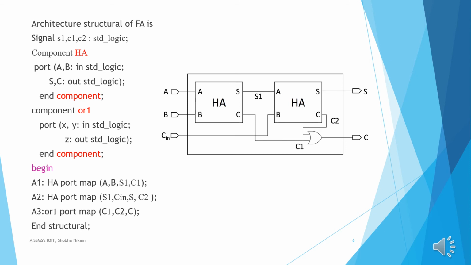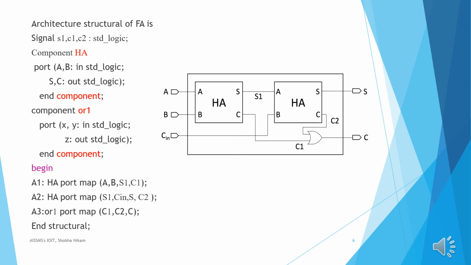Then the second component is OR. Here, see, OR is a keyword, so we cannot give it the name OR. So instead of OR, I am writing OR1 component, OR1 port. There are two inputs. When we declare a component, in the declaration part we generally use imaginary inputs and outputs.